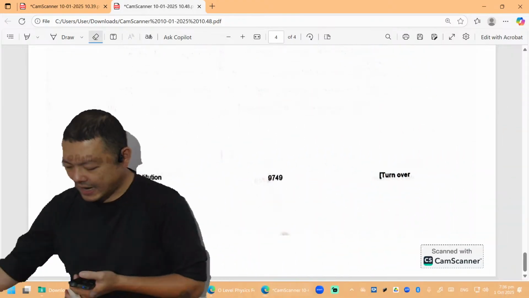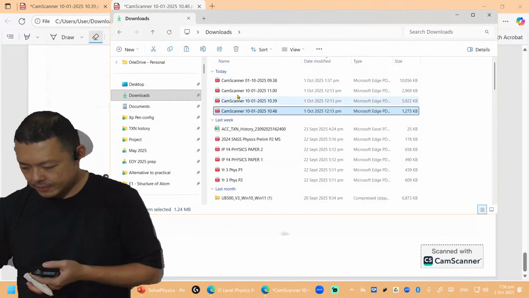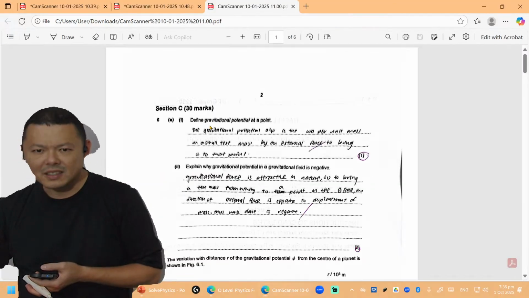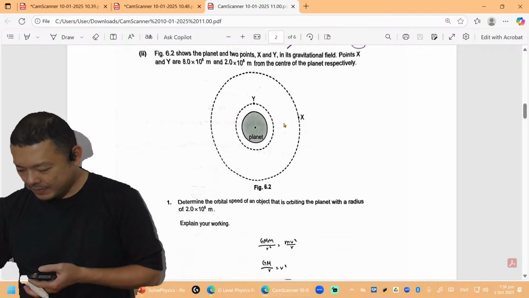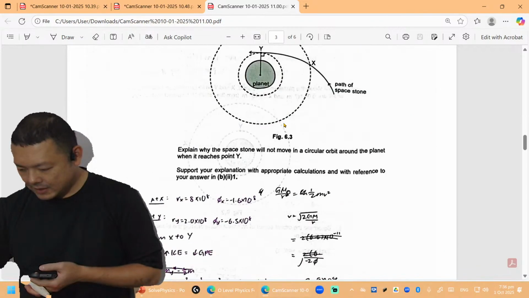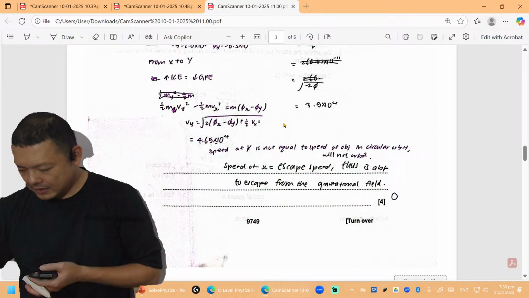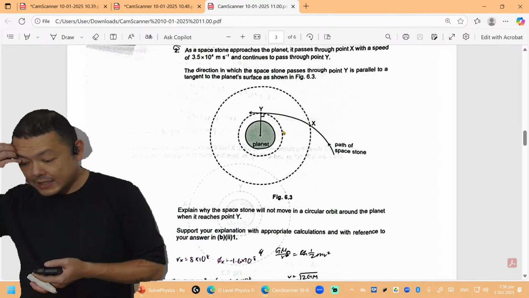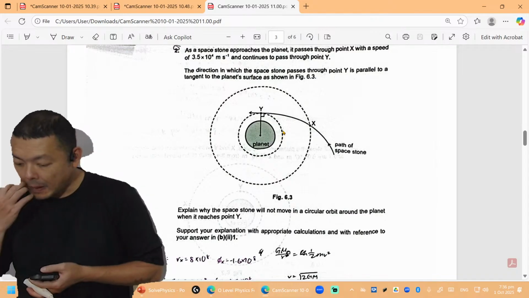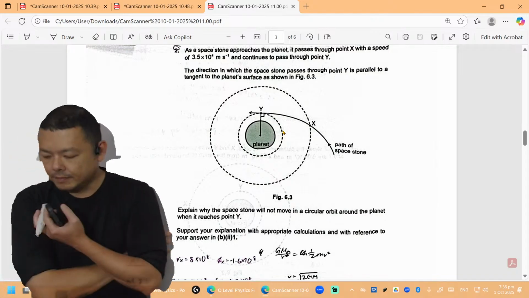Then we have another scan. We have one more scan. So will the stone be able to escape?